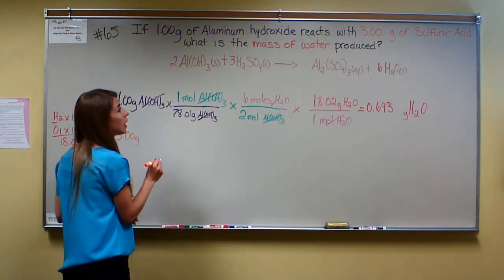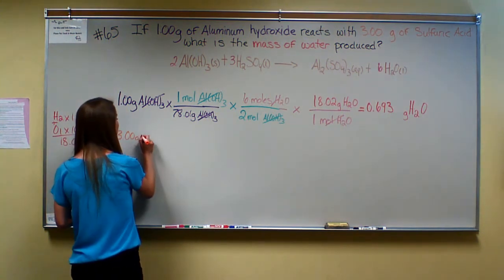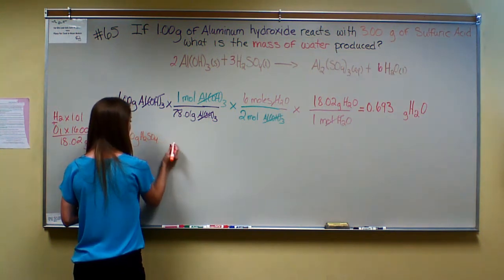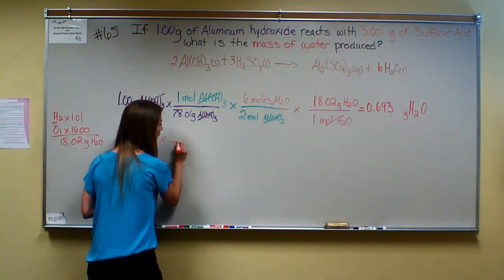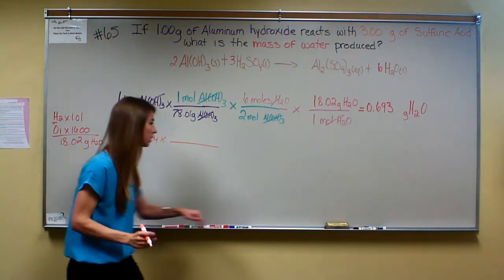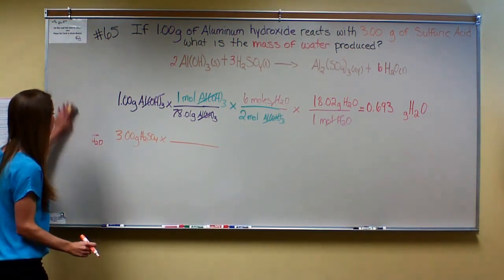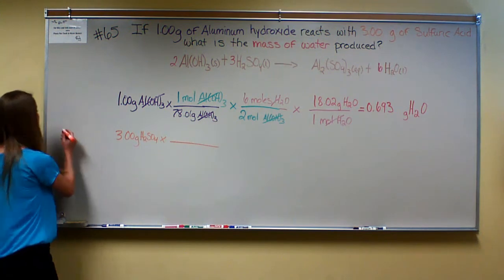So 3 grams of sulfuric acid. We're going to calculate its molar mass, which one more time means you have to add all the atoms of the compound together.